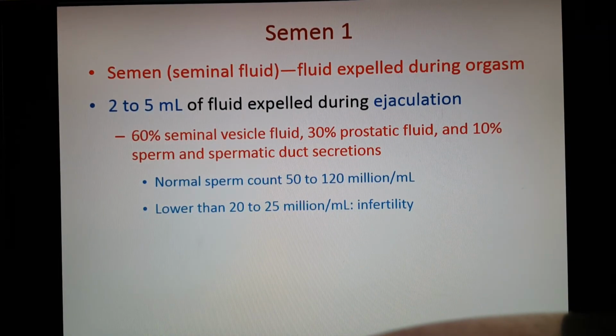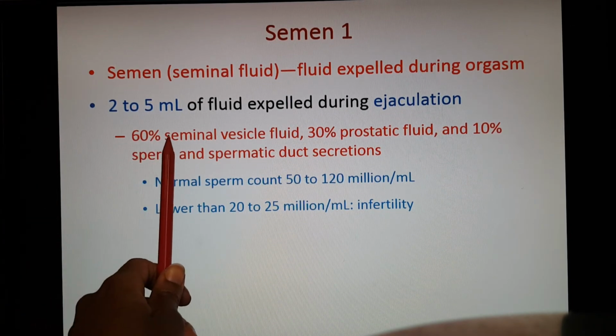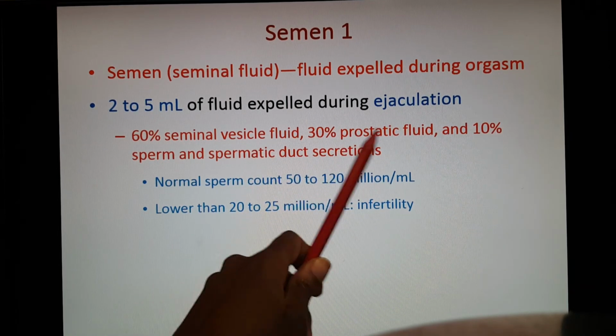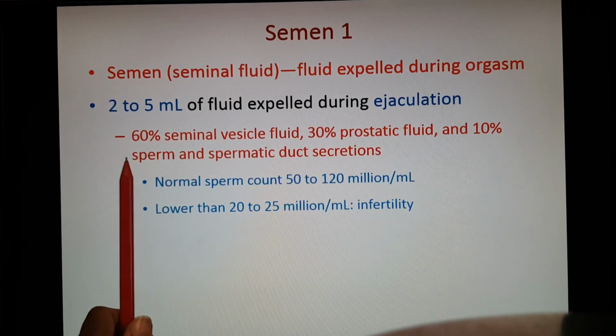We also need the fluid that the sperm is going to be delivered into the vagina in. So your semen, which is ejaculated, is about 2 to 5 milliliters of fluid. 60% of it is seminal vesicle fluid, 30% from the prostate, and 10% left.